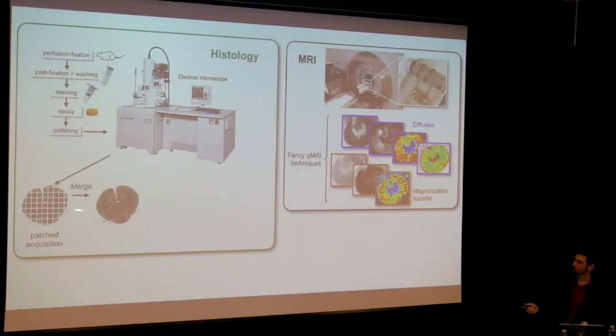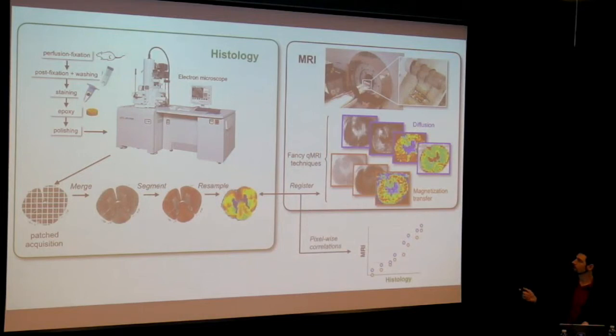We get those very high resolution windows that we merge together, segment the little cells that we are interested to quantify. We resample to the resolution of the MRI. We register those two images together. And then for each pixel in the image, we compare the histology and the MRI. And then we validate: are those numbers real or not?